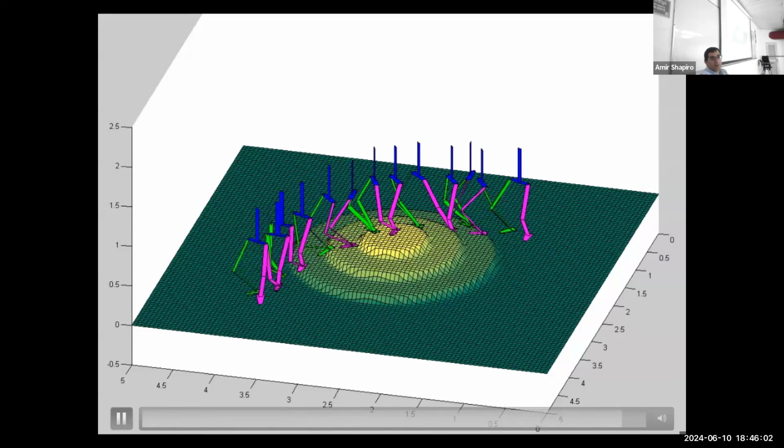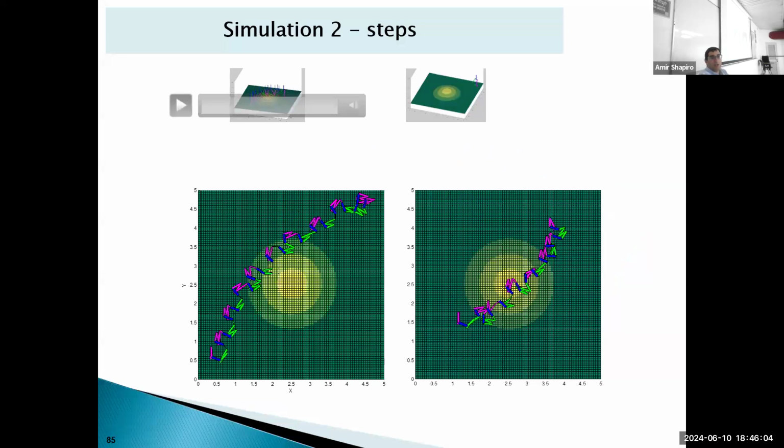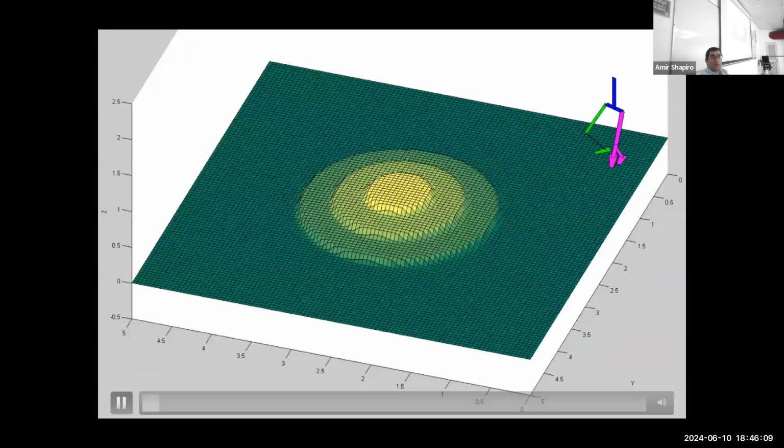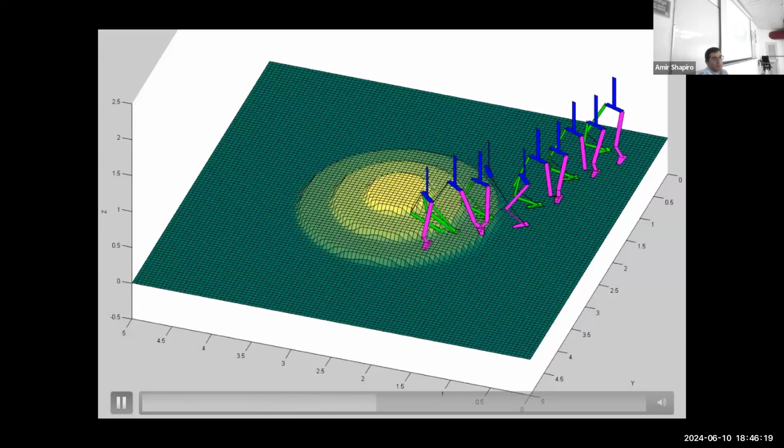And the other option is to go around, not to go so much. As you can see here, this is only 1 step because going another step maybe will have more cost.